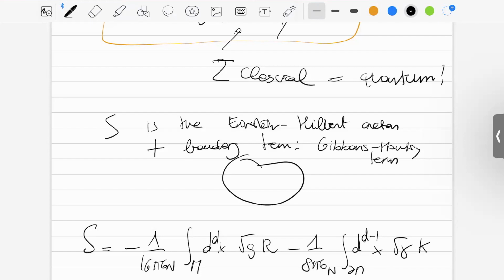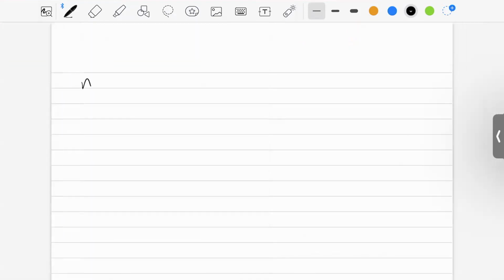It's defined in the following way: it's just a contraction of gamma^{mu nu}, the induced metric, with the covariant derivative of n_nu, where n is the outward pointing unit vector normal to the boundary.